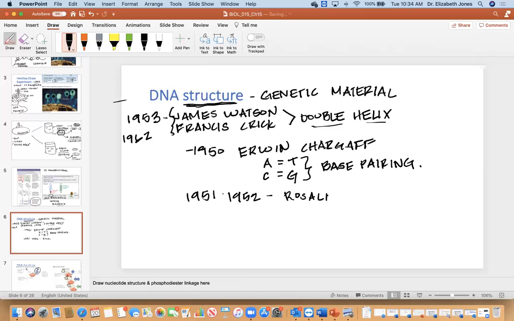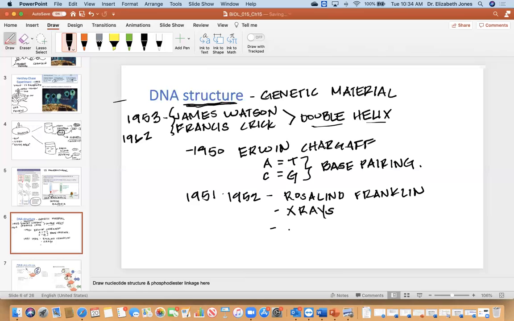And what Rosalind Franklin's work centered on was also a chemical analysis of DNA, but she was actually also trying to work out its structure, and she was using a technique called X-ray crystallography.